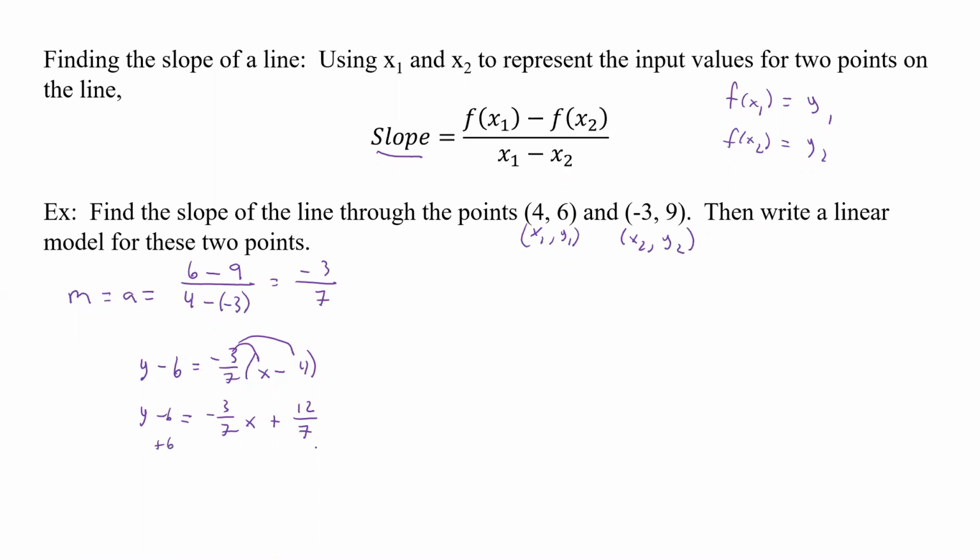Now we'll add 6, and we have to get a common denominator. So y equals -3/7 x, and now we have 42/7 plus 12/7, which is 54/7.